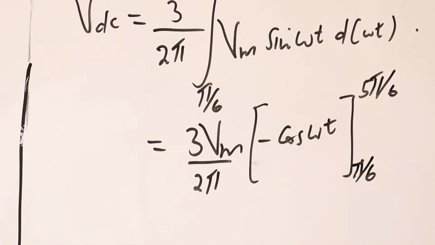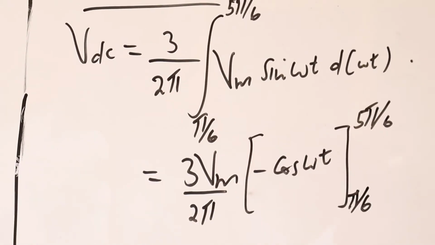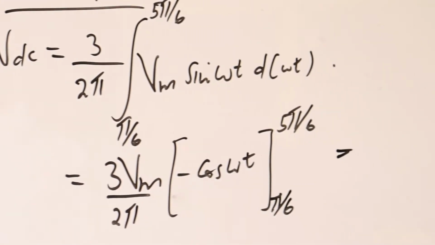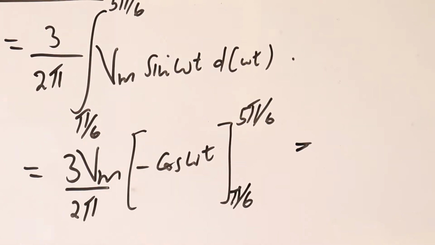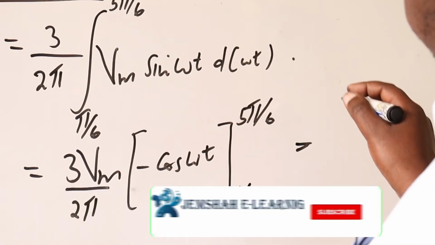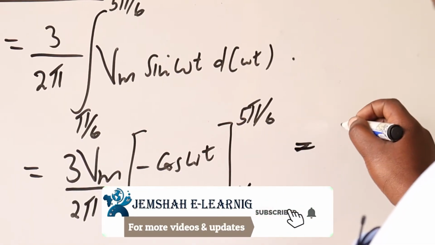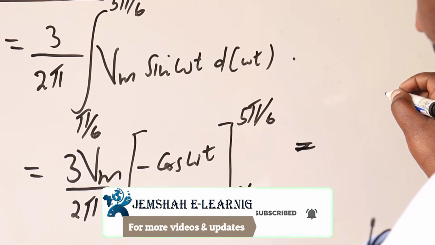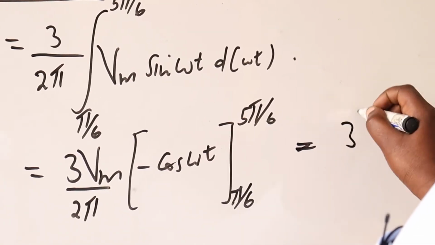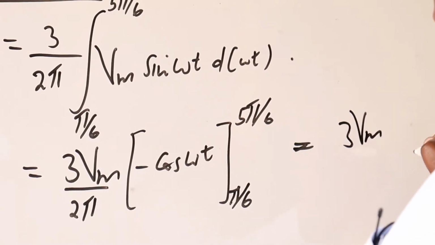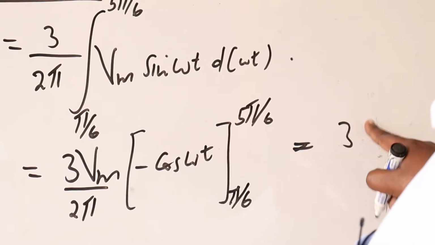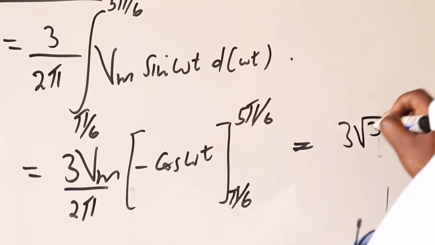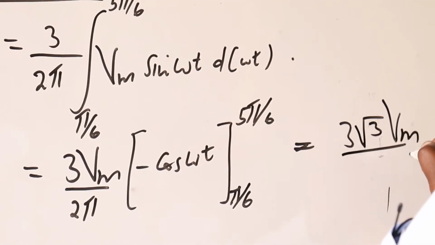So simplifying this, it will give us 3 into root 3 Vm all over 2 pi.